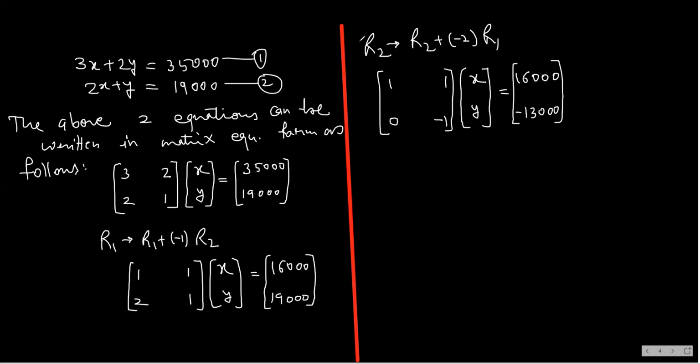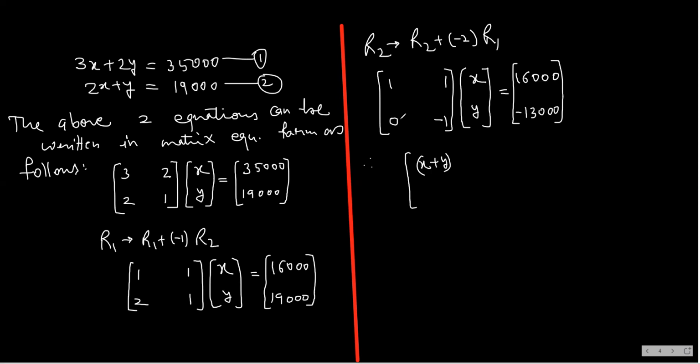Now in the next step, I will multiply these two matrices. Which two matrices? This matrix and this matrix. So when you multiply, I will get 1 into x is x, plus 1 into y is y.